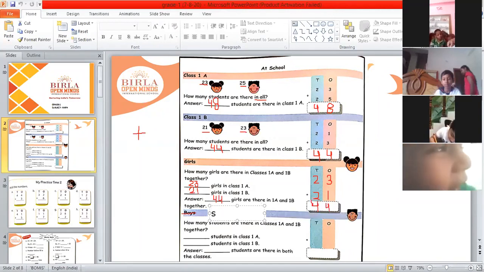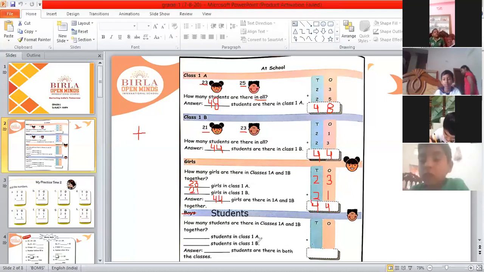Right here students, children. You have to cut this boys and write here students, because they have asked you how many students are there in first A and first B, and then in total they have asked you how many students are there in all. Do this, children.